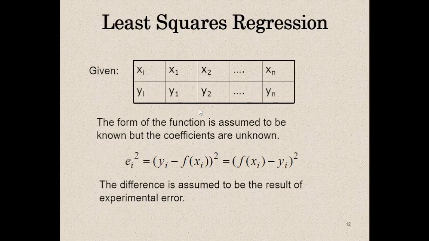Let's see. Now suppose in the exam इस तरीके का कोई टेबल दिया हुआ है, x i, y i, दो x और y की डेटा दी हुई है. तो x की डेटाज में x1 से लेके xn तक वैल्यूज है, y की वैल्यूज में y1 से लेके yn तक.